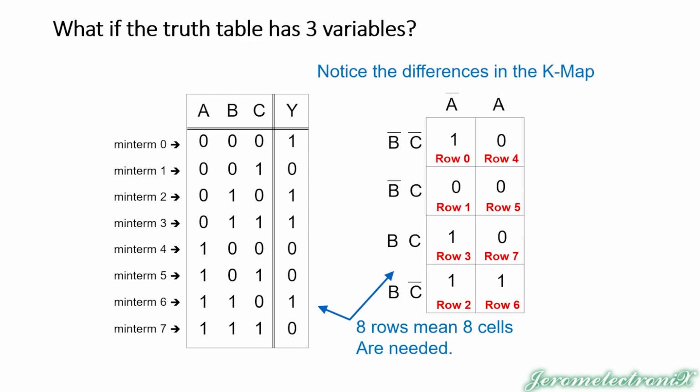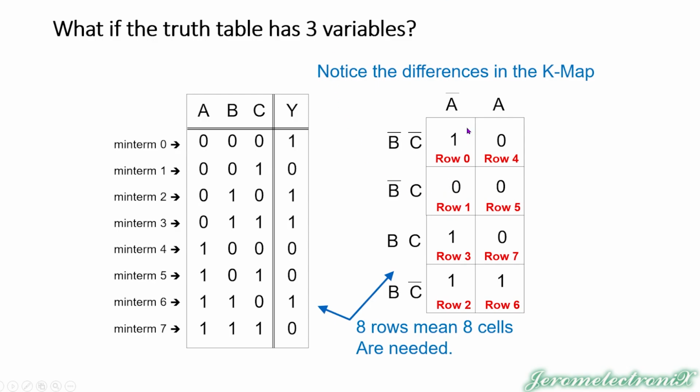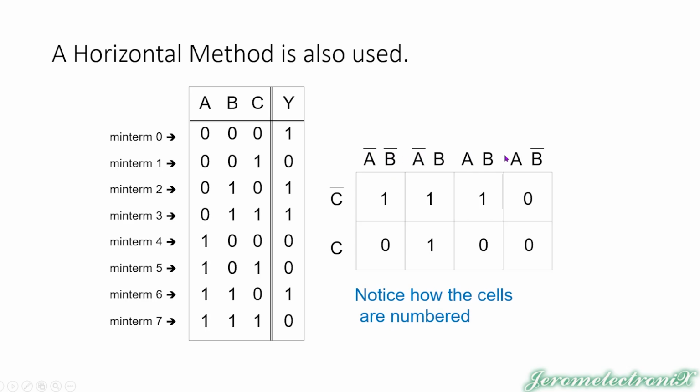There's some more I need to tell you about K-maps. For example, this next K-map is horizontal. In the previous K-map, we had the not A and the A at the top. This time we have the A's and not A's at the top, but we also have the B's at the top, and then the C's are on the left side. This is still a legitimate way to do truth tables and K-maps, and it's not really that different, but you need to realize that the rows are numbered slightly differently.